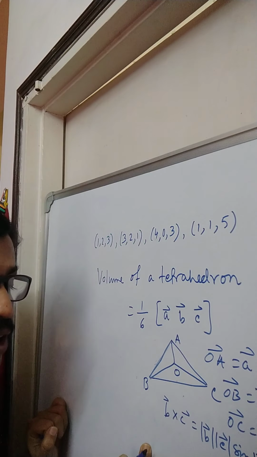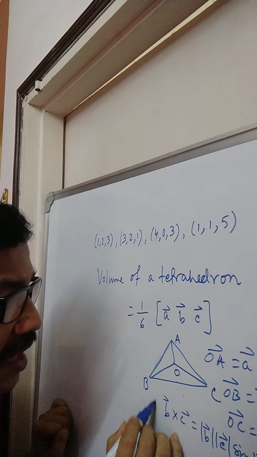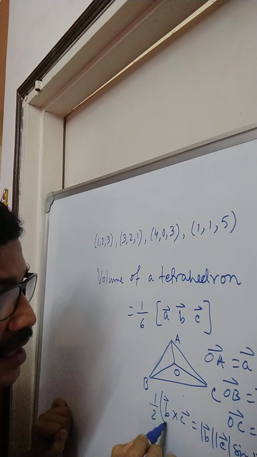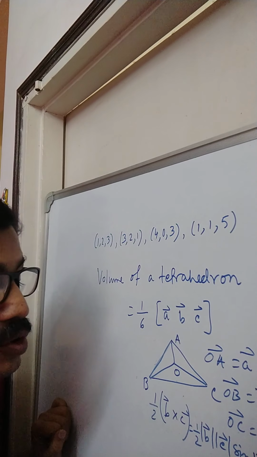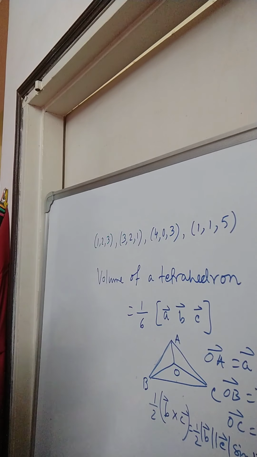So, the area of the triangle will be half this. I hope I have been able to make you understand that the area of this triangle is half B cross C.